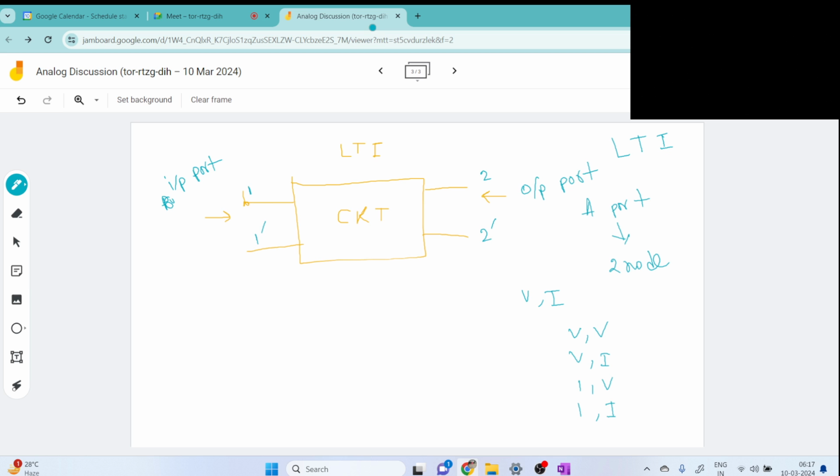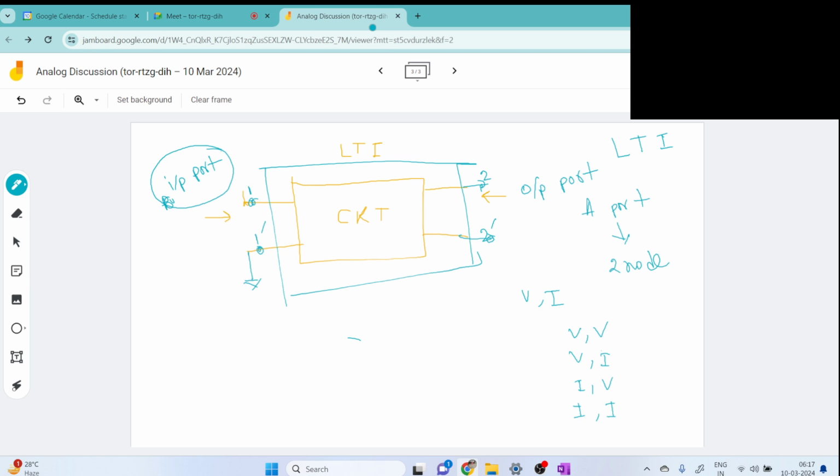Generally, for circuit or system analysis, for one port we make one of the nodes ground, for easy calculations. Basically this is the model. We can apply anything to these four nodes. So two port means there will be four nodes: two at the input side and two at the output.